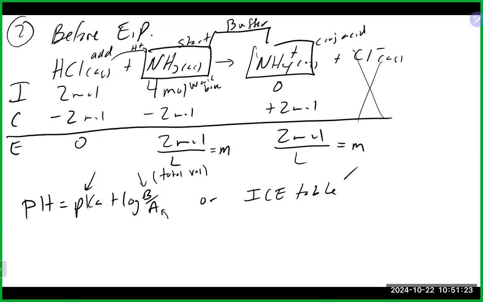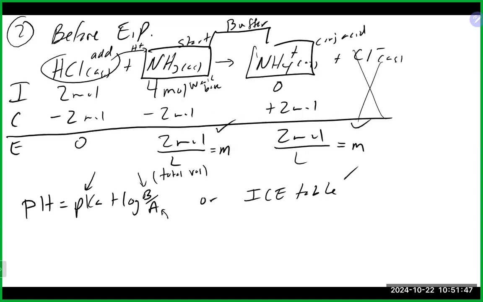This is the other example of part 3 of the experiment we're doing. We just made a buffer from a reaction of a strong acid with a weak base. So again, you can create a buffer in vitro, which means in the test tube or in the beaker, by reacting a strong acid with a weak base. The buffer, once again, is what you get at the end.